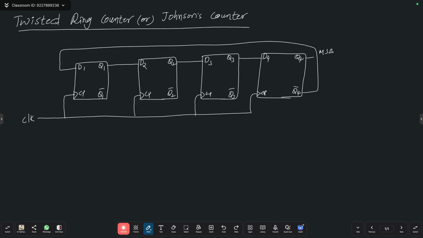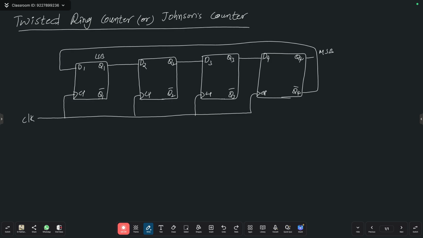This first flip-flop output is the LSB. You know already. Okay? Only the complement line output we have connected to the first. That is the only difference between your ring counter and twisted ring counter.